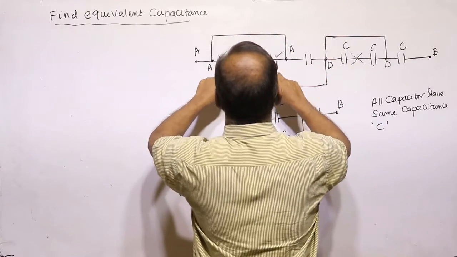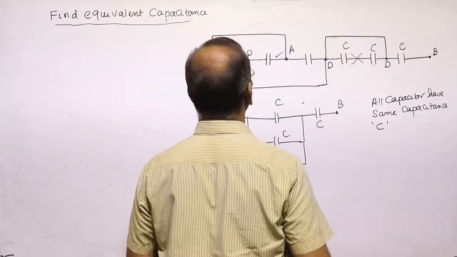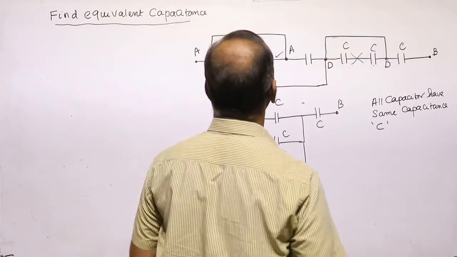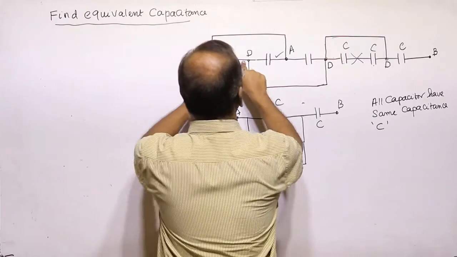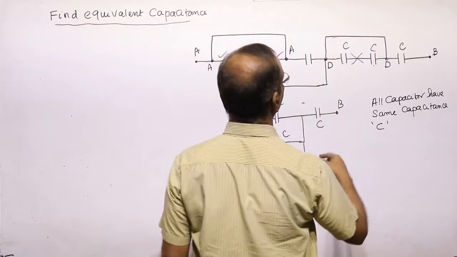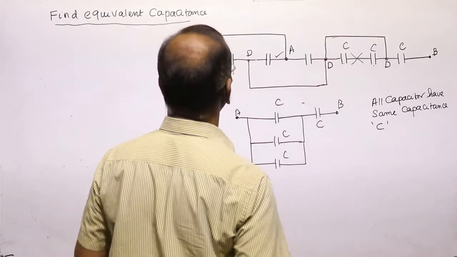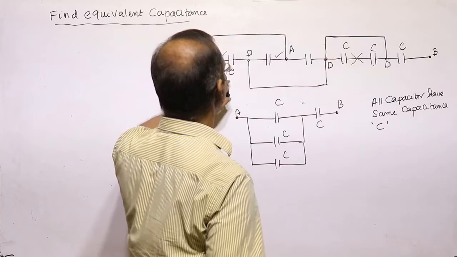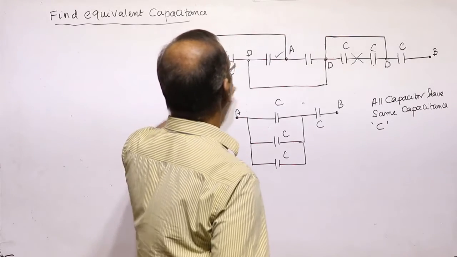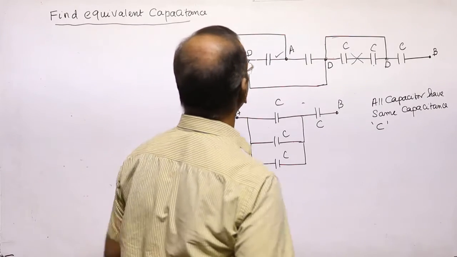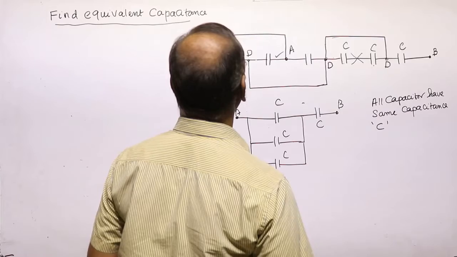Between this A to D, one more. There are 3: A to D, one more, and again one more. So there are 3 capacitors in parallel.